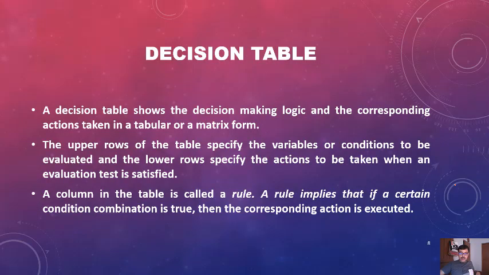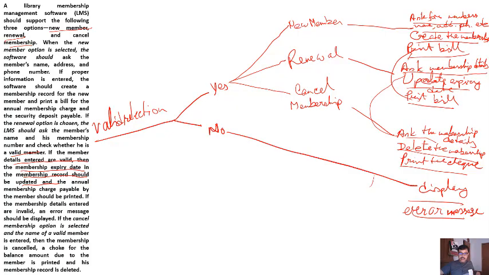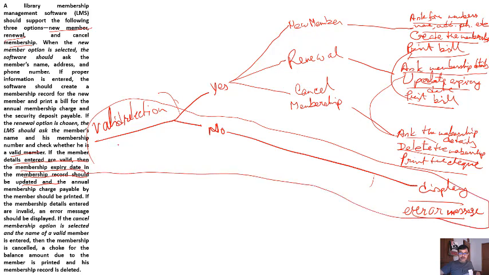So here the columns of the table are called the rules. A rule implies that if a certain condition combination is true, then the corresponding action is executed. Here the rule is: if the validation fails and it is not valid, then display the error message. This is one rule.